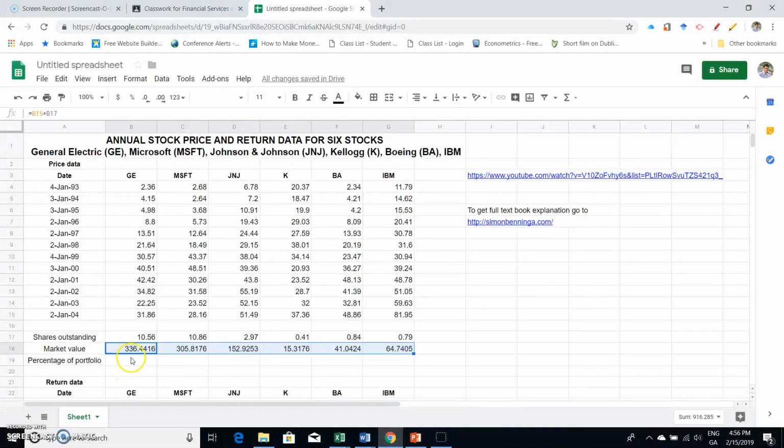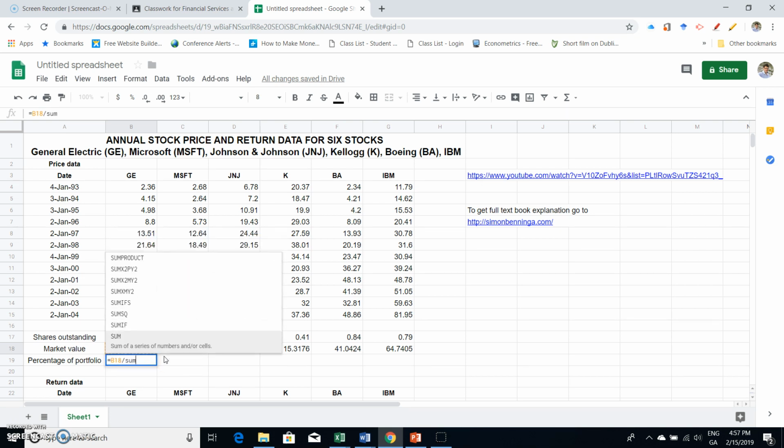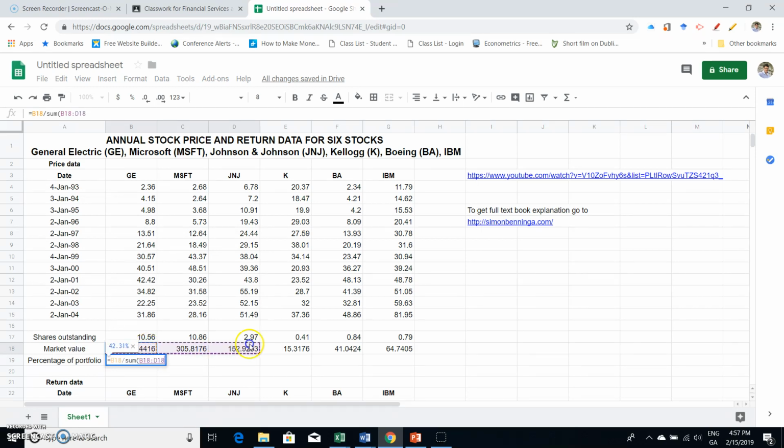Again, if we want to figure out the percentage of the overall portfolio, if we were to weight each of these assets, General Electric, Microsoft, Johnson & Johnson, Kellogg's, I would imagine British Airways, perhaps IBM, BA, Boeing and IBM, we could take the market value, take this value here, and divide it by the sum of all the values in the row here.